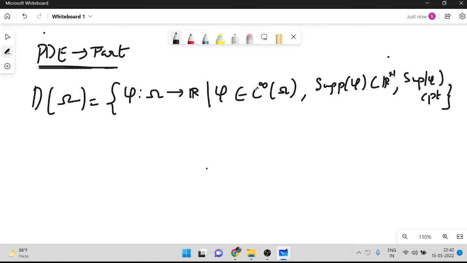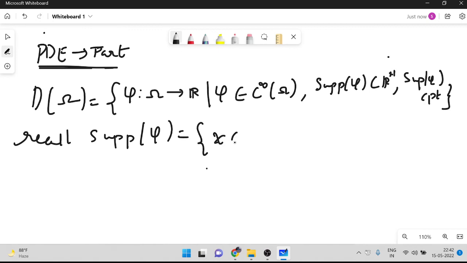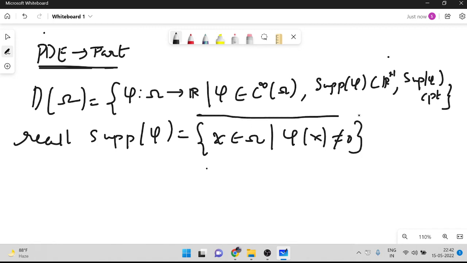So this is a space of infinitely differentiable functions. Just a recall: the support of a function phi is all x belonging to omega such that phi does not vanish there, and this has to be the closure of that.